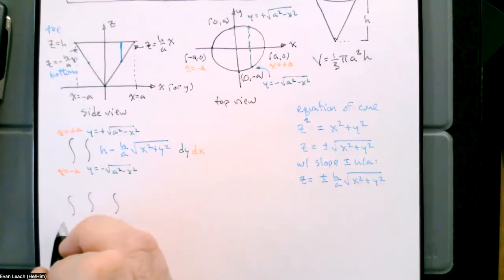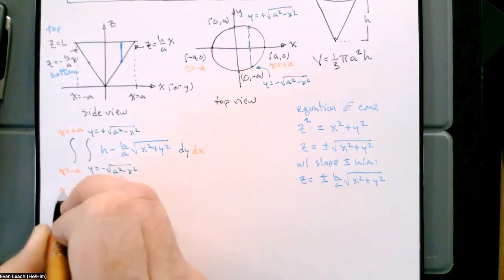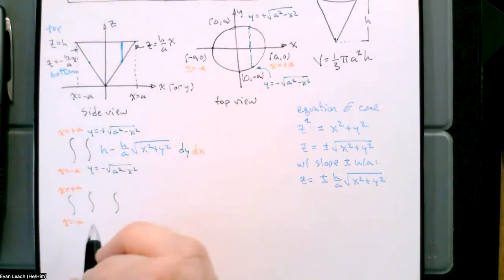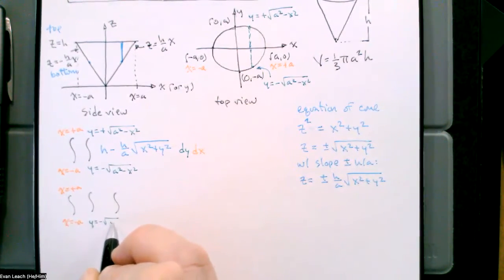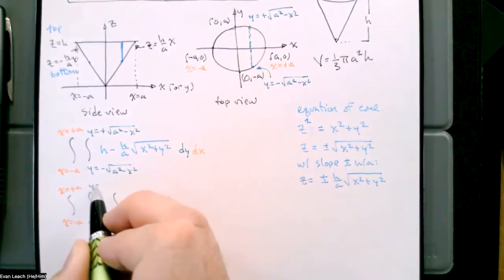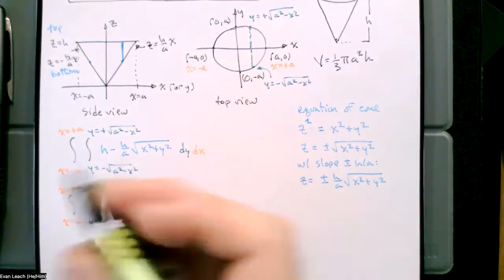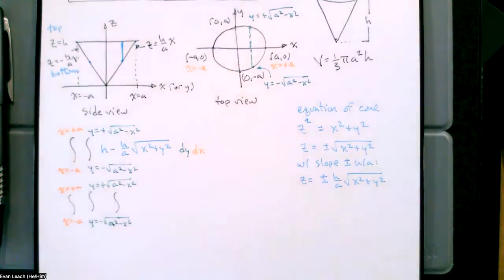X goes from negative a to plus a. Y will go from negative square root to positive square root. And we can see what the bottom and the top is because that's the thing that we subtracted to make our double integral.